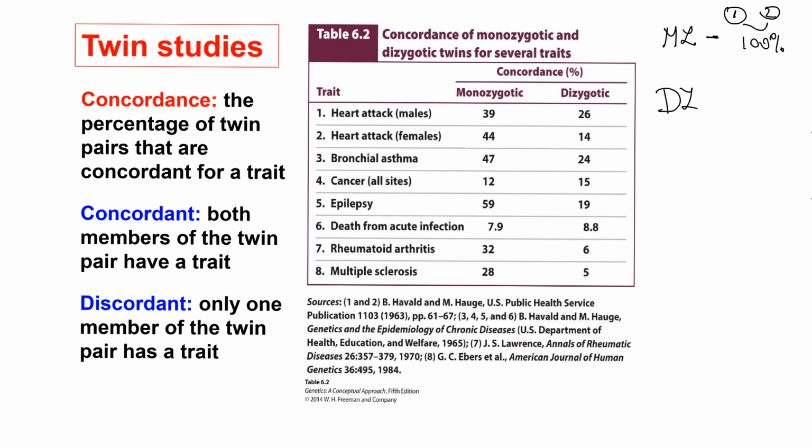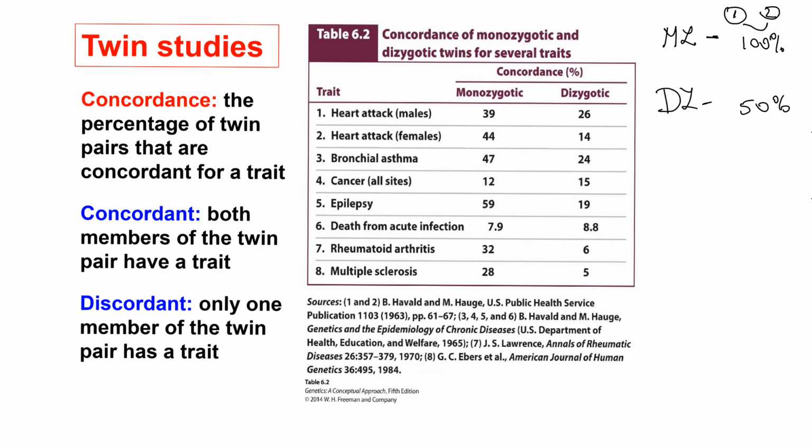In dizygotic twins, there are two eggs which are fertilized by two different sperm, so they are the same as, for example, two siblings born years apart, and they share on average approximately 50% of genes.